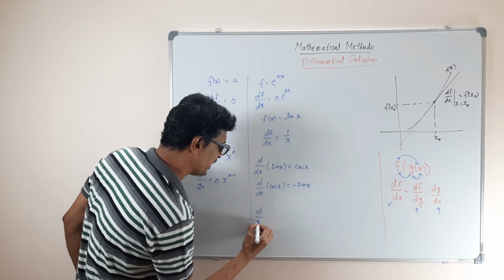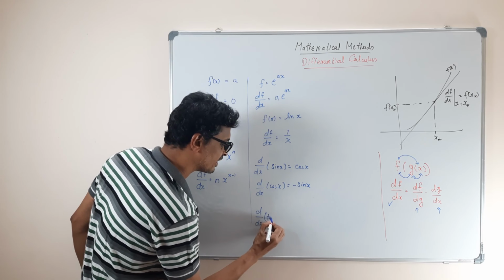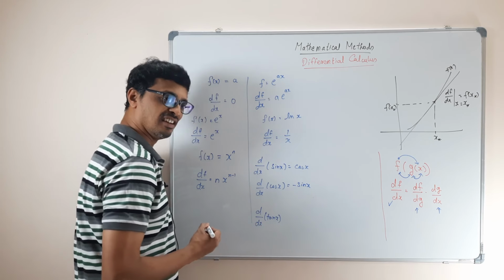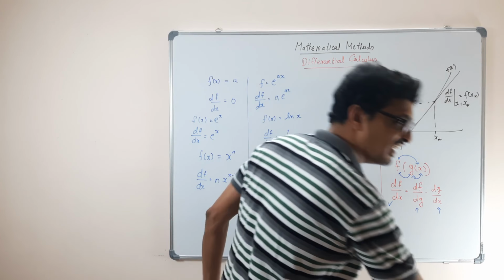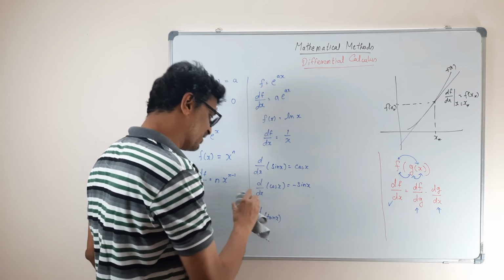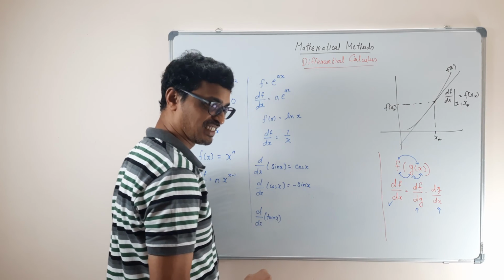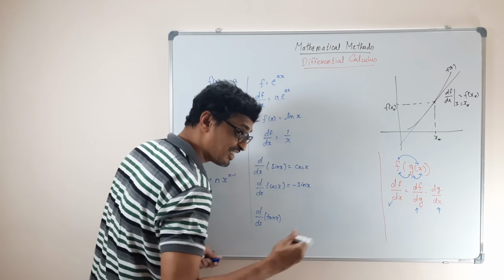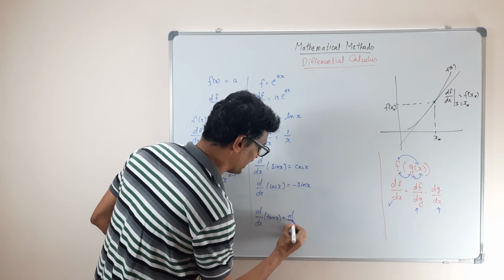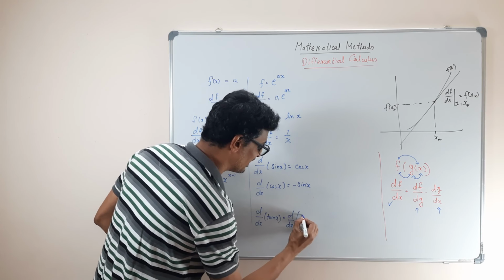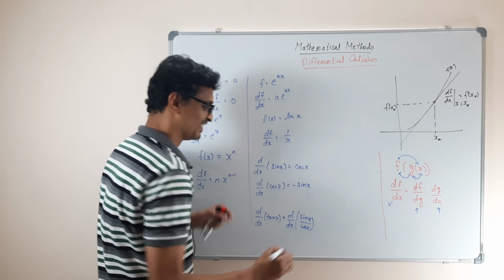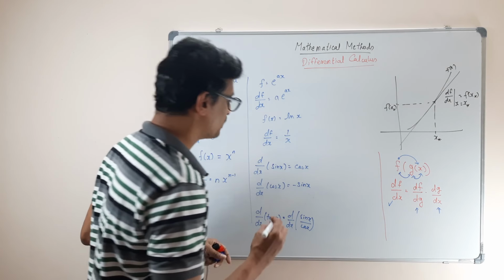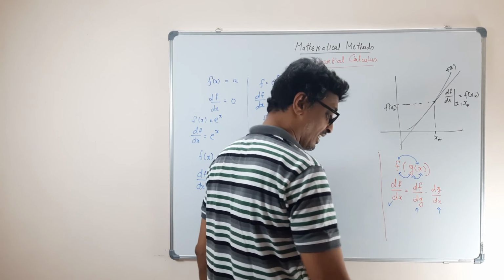What will be d by dx of tan x? That will be d by dx of sin x by cos x. It is something like the property we saw yesterday in the previous class.